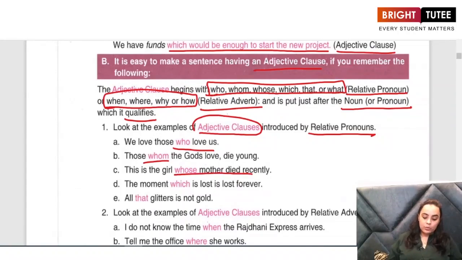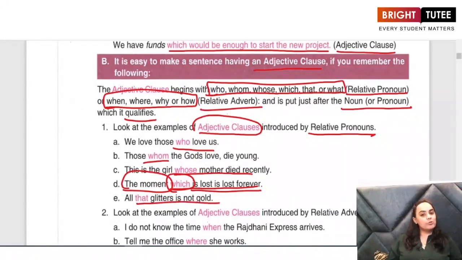The moment which is lost forever. What am I describing? The moment, my noun, beginning with the relative pronoun. So, the moment which is lost forever. All that glitters is not gold. So, that glitters is not gold, beginning with that. So these were the examples of how I described a noun or a pronoun using a clause that began with a relative pronoun.